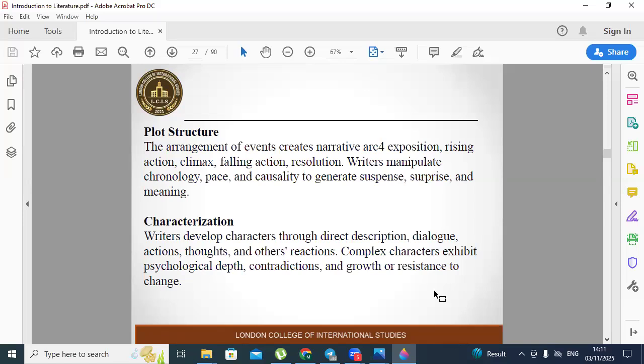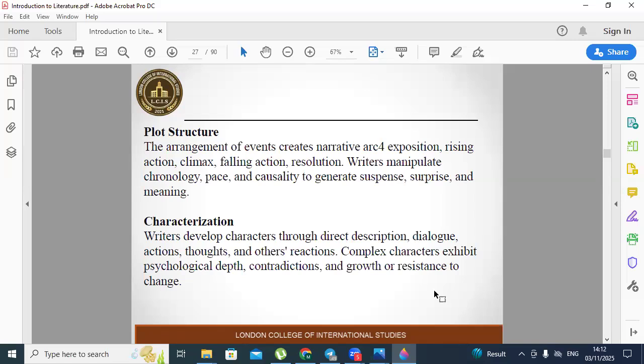Now let's move to characterization. Writers develop characters through multiple techniques. Direct description tells us what characters look like or what they are like. Dialogue reveals characters through how people speak and what they say. Action shows characters through what people do.